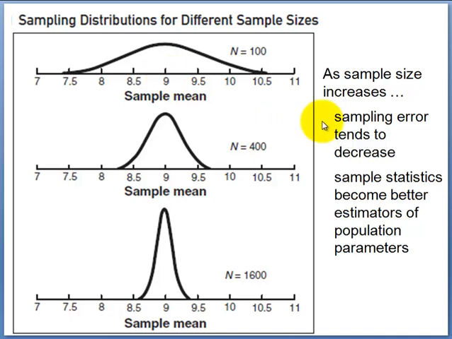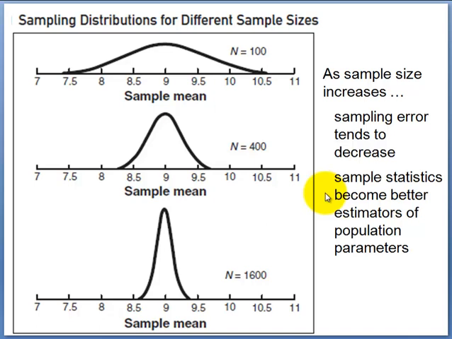So it's a fundamental characteristic of inferential statistics that as you take larger and larger samples, sampling error tends to decrease, which is to say, as you take larger and larger samples, sample statistics become better and better estimators of population parameters.